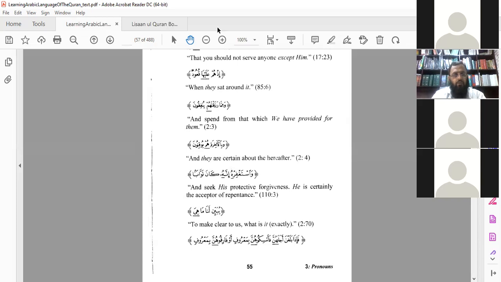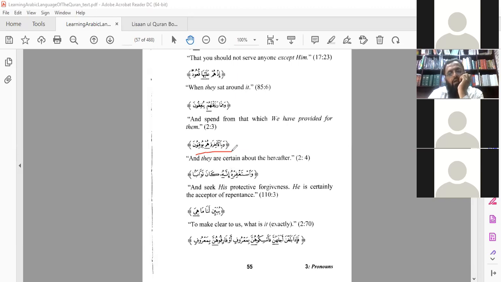Okay. Yes, Sister Sadika, can you see any pronoun in this verse? Yes, it's hum.